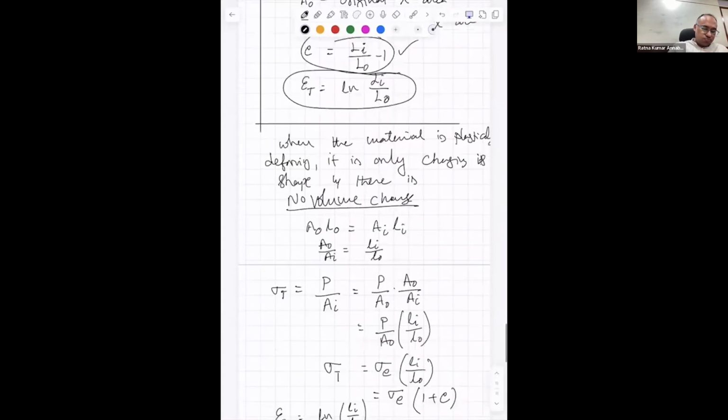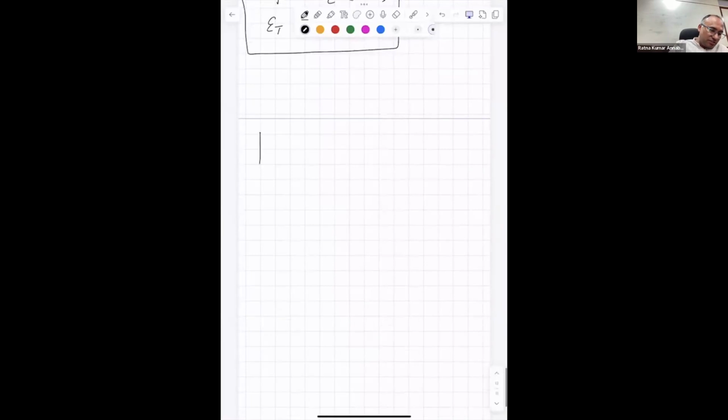Now, in this stress strain curve, let us look at the stress strain curve once again. Stress versus strain, sigma T, sigma E, engineering stress versus engineering strain.